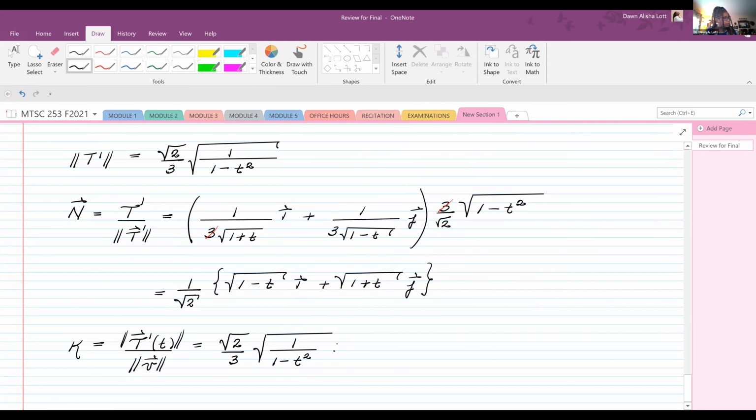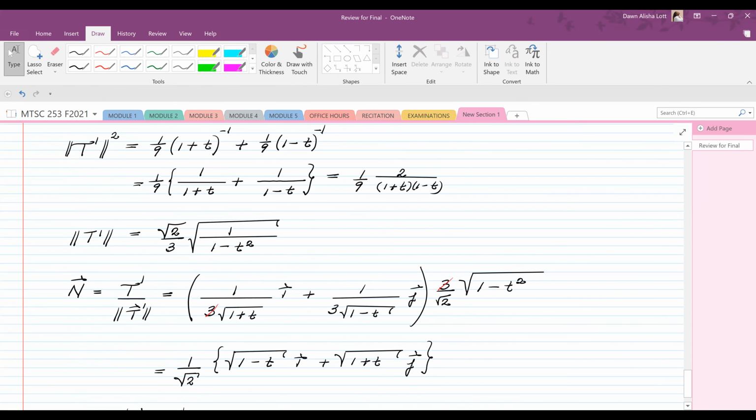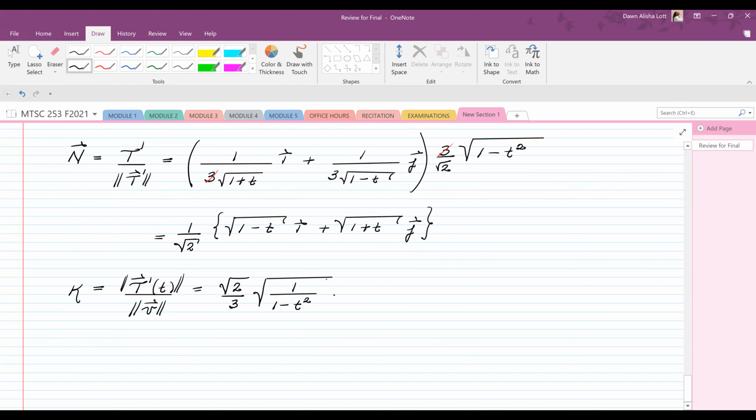And then the length of v is 1. So it would just be that. Oh, sweet. There you go.